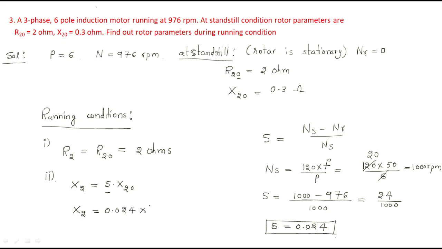What is the X2 naught value? X2 naught equals 0.3. Then we get 0.024 times 0.3. Then the X2 value is 0.0072 ohms. This is the procedure to find X2.